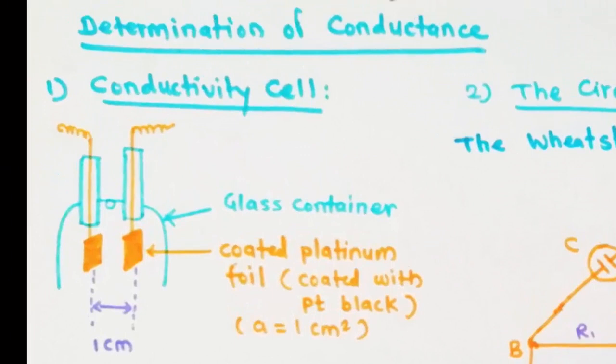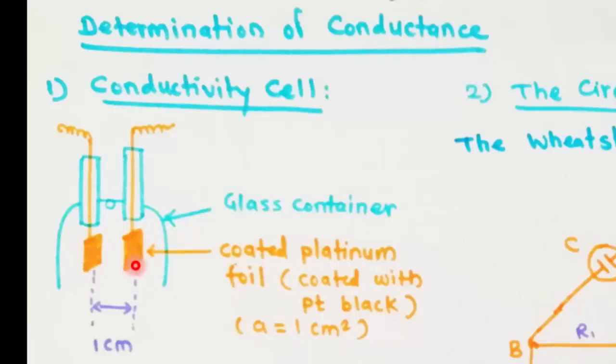Now how to determine conductance of the solutions? Now look at this left hand side. We need an electrode for this conductance measurement, and the electrode is called a conductivity cell. This is one of the diagrams of the conductivity cell, and this cell consists of two platinum foils.